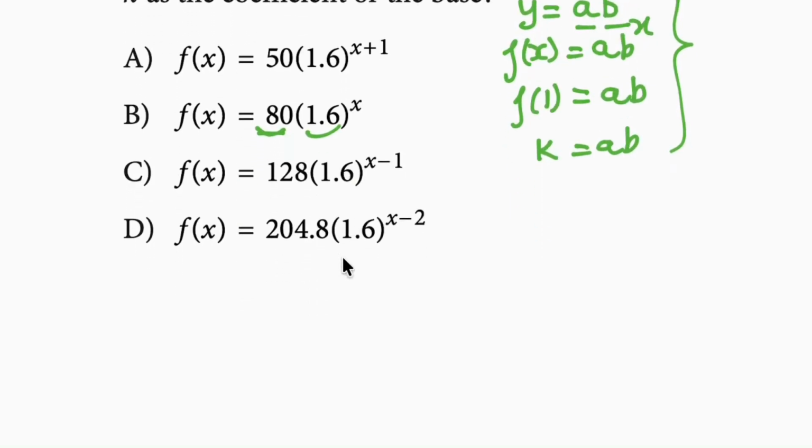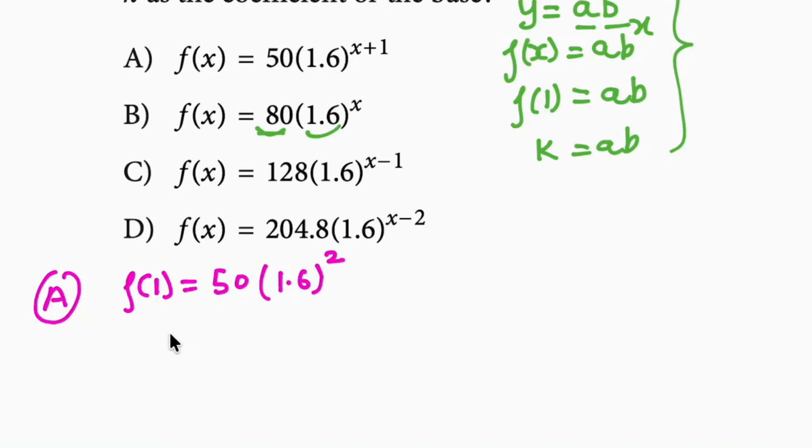Let's see. If I use the first equation, remember we have to give input as 1. So let's solve A, right? So f of 1 is equal to 50 times 1.6 raised to power 1 plus 1 over 2, and k is actually the product of these, which will be neither 50 nor 1.6, and that is the condition.